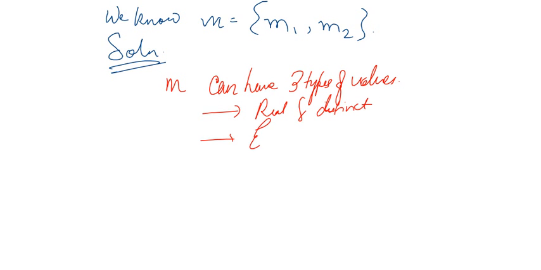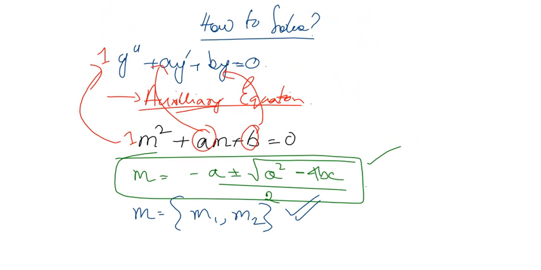Second, it can be a case of equal roots, that is, a squared is equal to 4b. I must make a correction over here: it will just be a simple b, because the coefficient of m squared in the quadratic equation is 1.